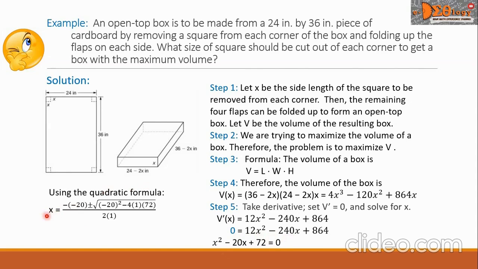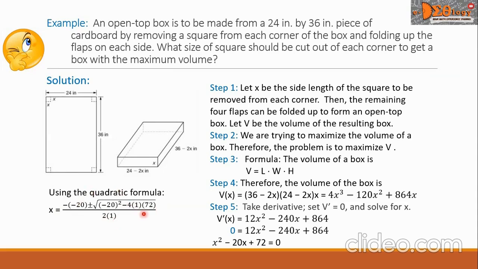So the value of x equals negative of negative 20 plus or minus the square root of the square of negative 20 minus 4 times 1 times 72, all over 2 times 1.